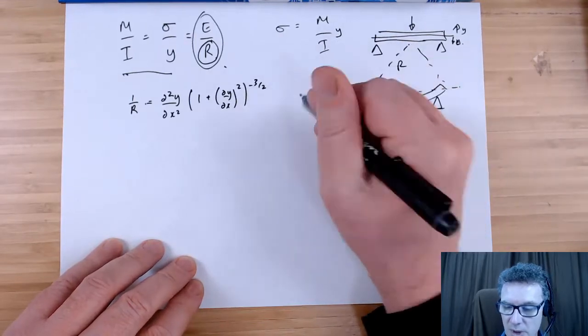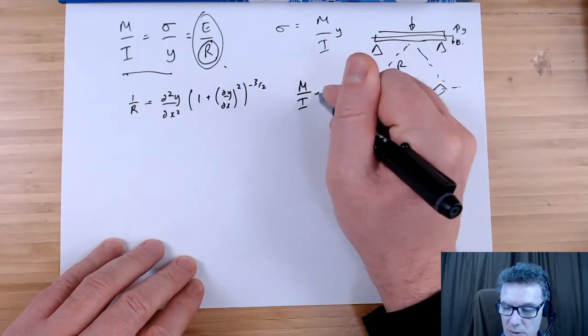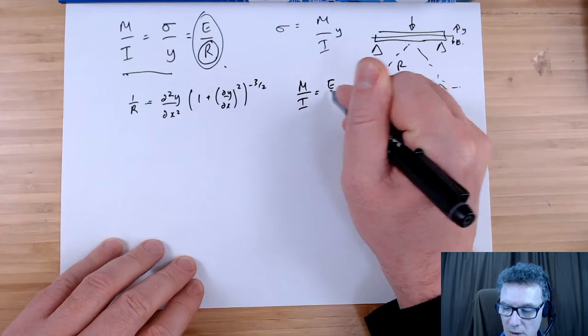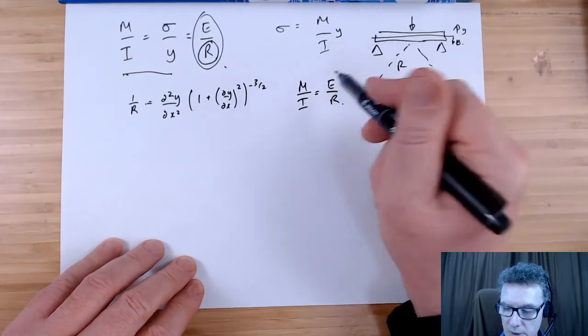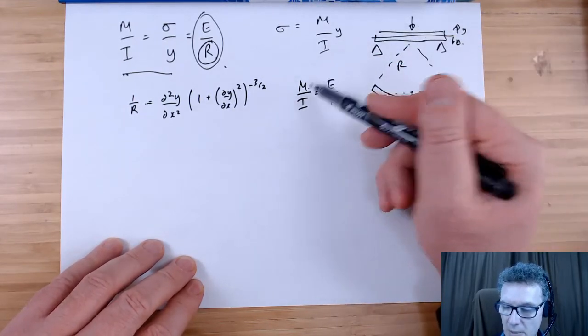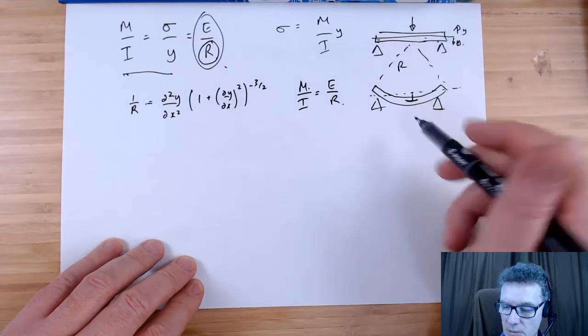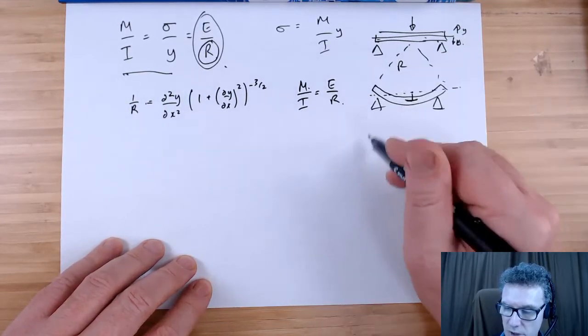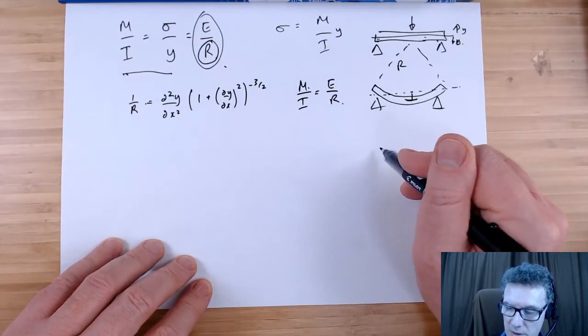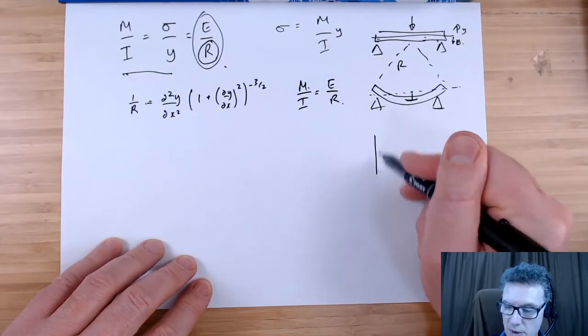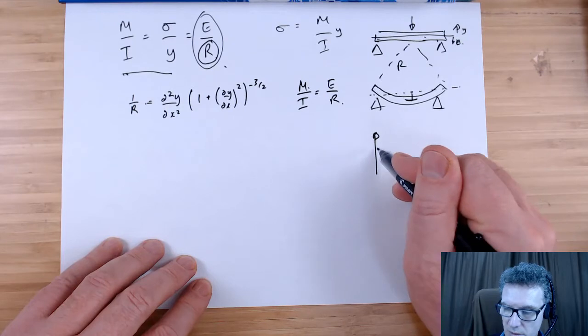So we've got M over I equals E over R, so that's going to be my M as I go along the beam, and I know the M varies along the beam. So for example, this shear graph that we'd get, first of all, depends on what convention we're using, but we'll go for the UE convention.